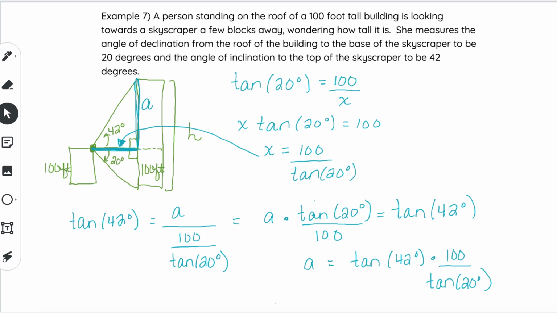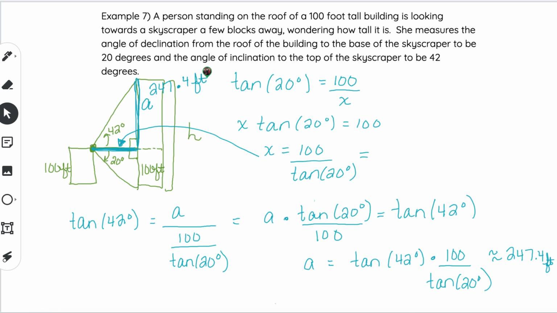And we'll get an approximate answer, but this time our answer is more accurate than if we were to get a decimal here and then get a decimal through each one of our steps. And of course, that ultimately skews our ending result. So this is about 247.4 feet. So we know that over here is 247.4 feet.